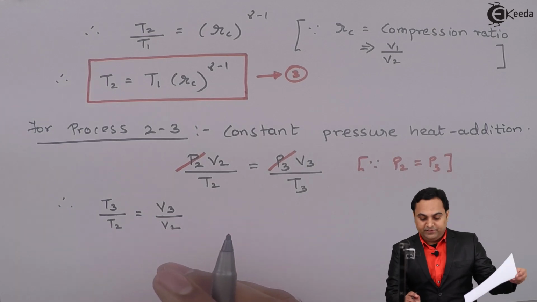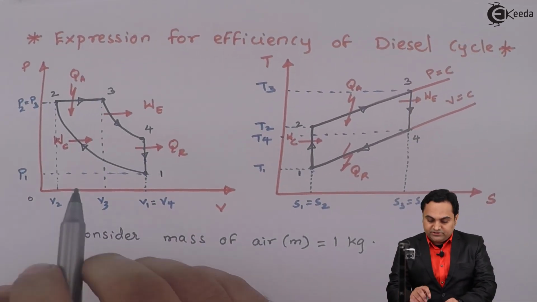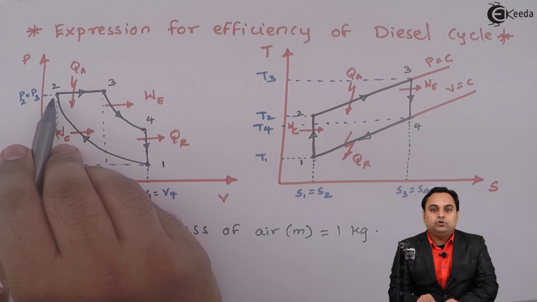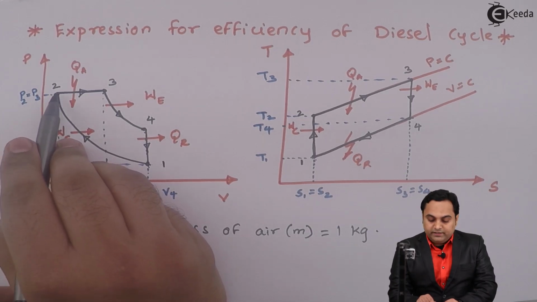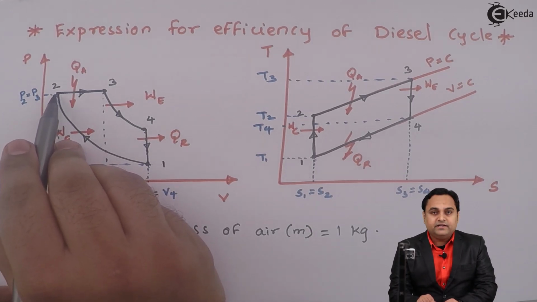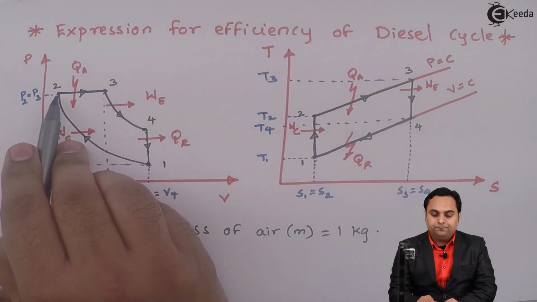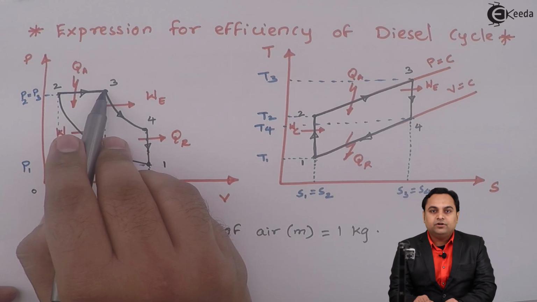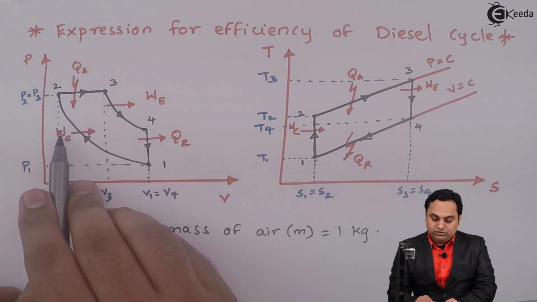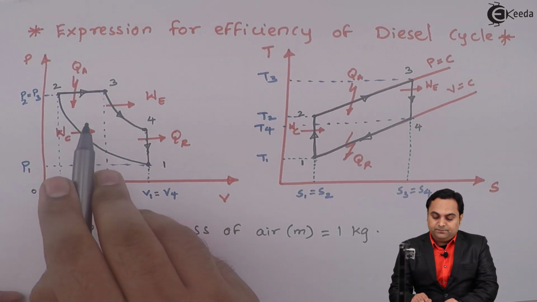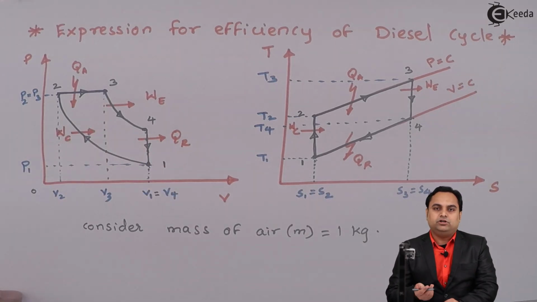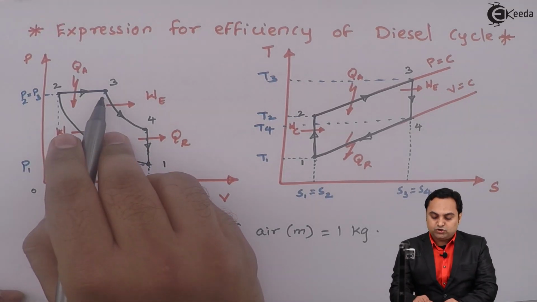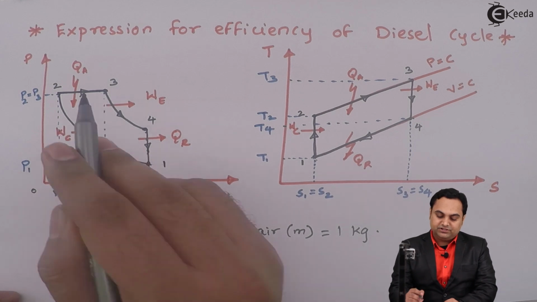That is, if I explain it on the diagram, at point number 2 the fuel starts burning, and that heat addition continues up to point number 3. So at point number 2 the volume was V2. At point number 3 the fuel is cut off, meaning the fuel supply stops at point number 3. So this is the fuel cutoff.